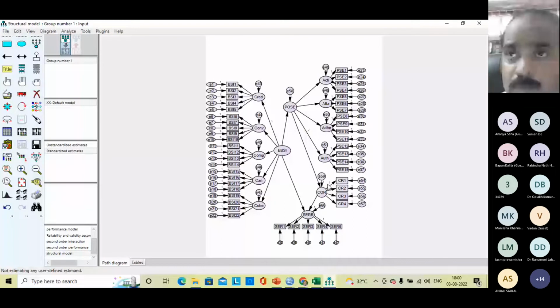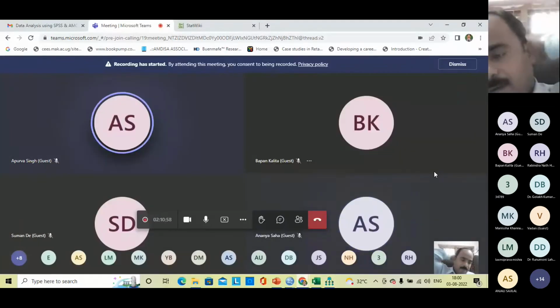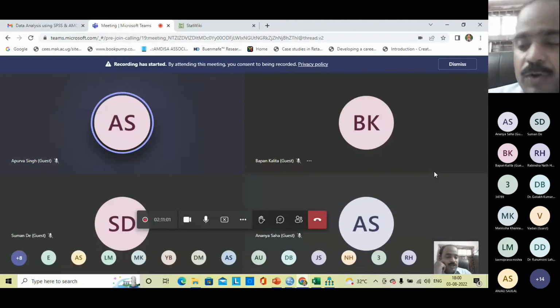More strict is residual invariance or error invariance, where you constrain the error terms and compare. So this is the conclusion for today. If anybody has any doubt about multi-group analysis, they can ask me. Over to you all.